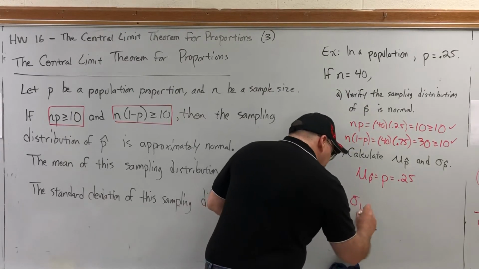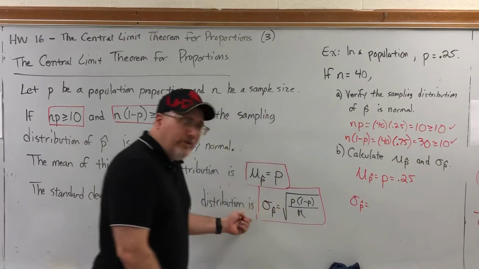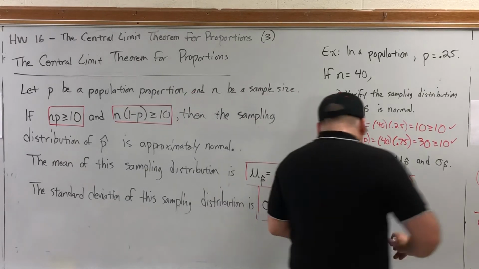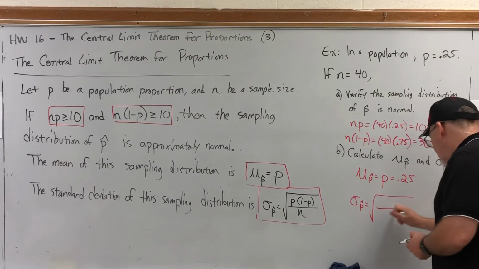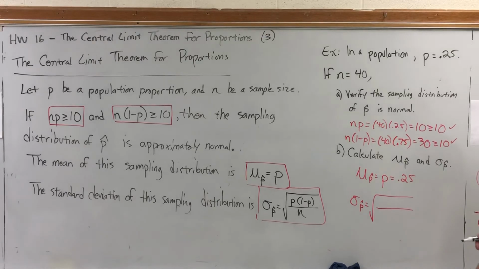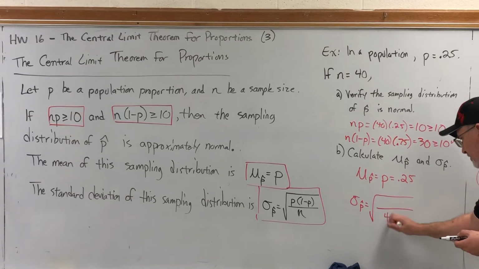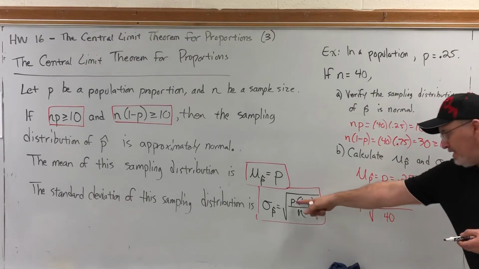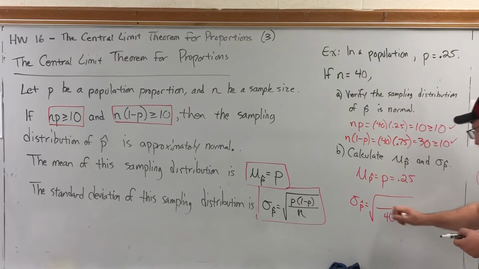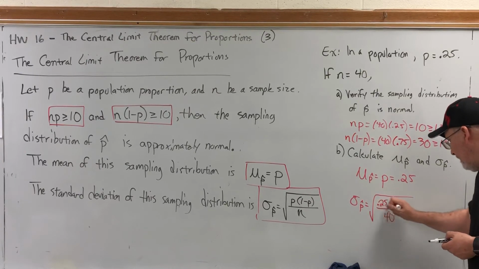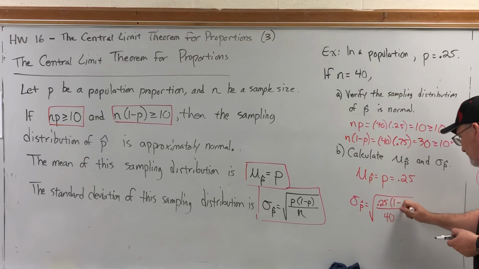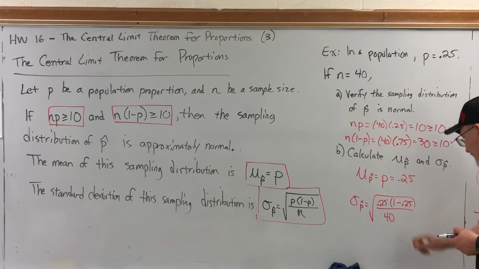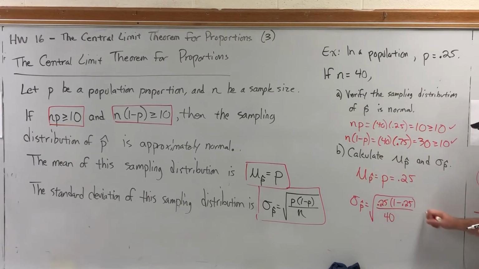But sigma sub p-hat, that's actually a formula. You have to set something up. It's a square root. I like putting the denominator first. The denominator is n, so it's 40. The first number is p, which was 0.25. And the second number is 1 minus p, so 1 minus 0.25, which is still 0.75.